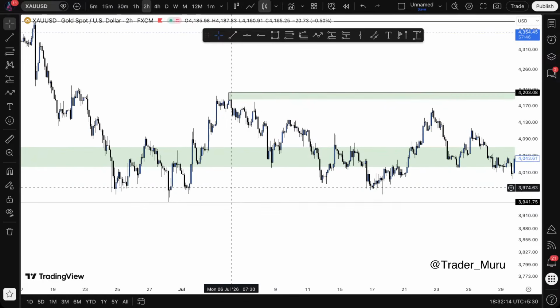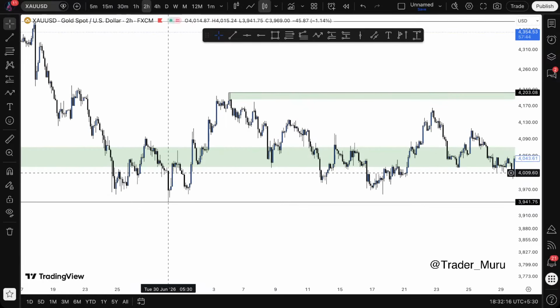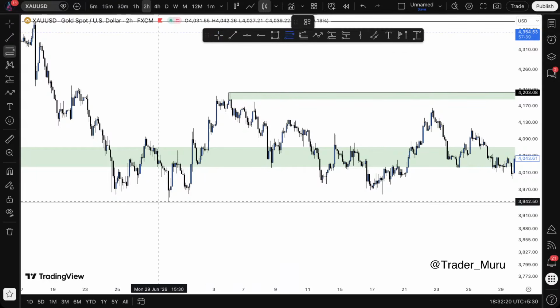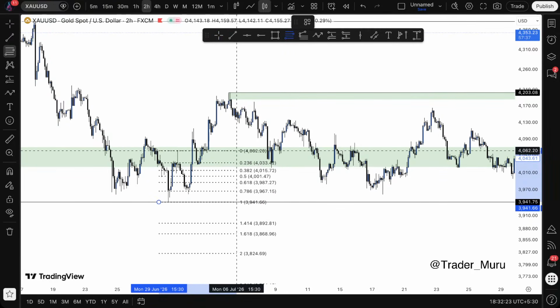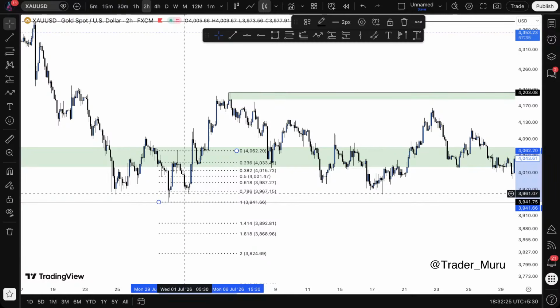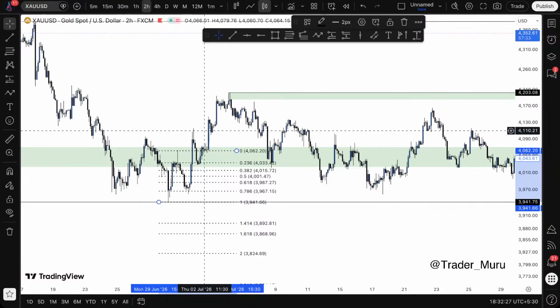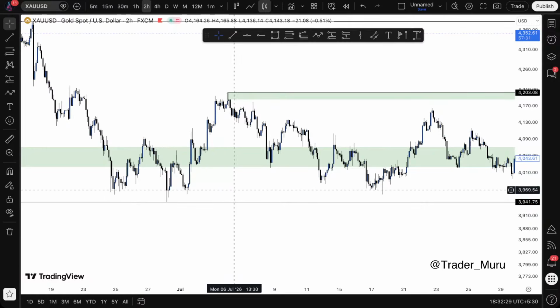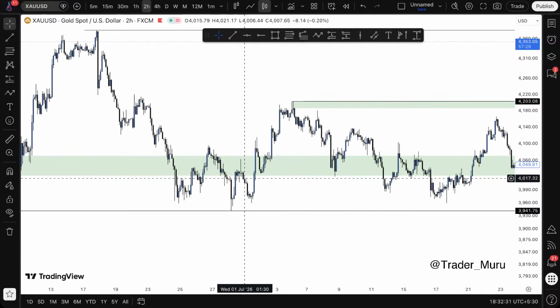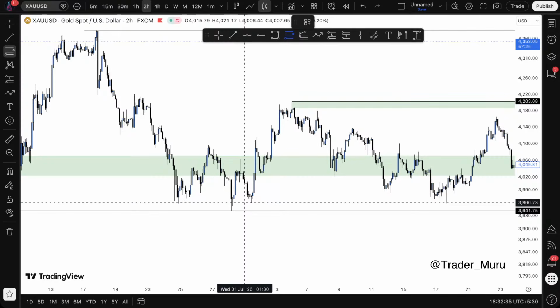When we have a first retracement after the change of character, price will retrace to 61.8 to 78.6 percent. But for the internal move it doesn't need to test 61.8 to 78.6%.